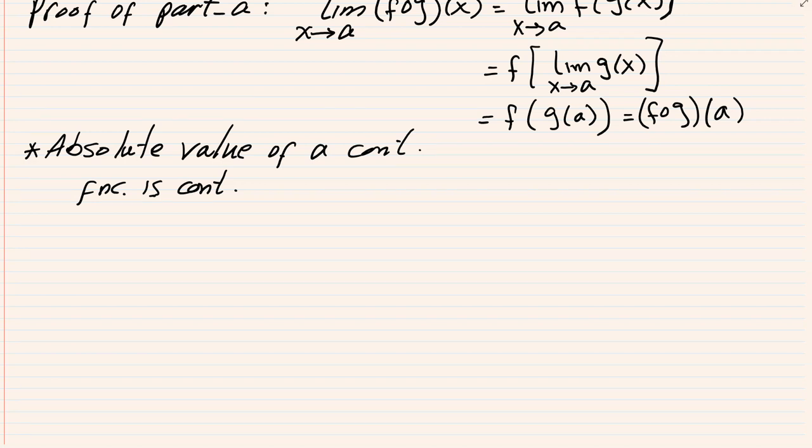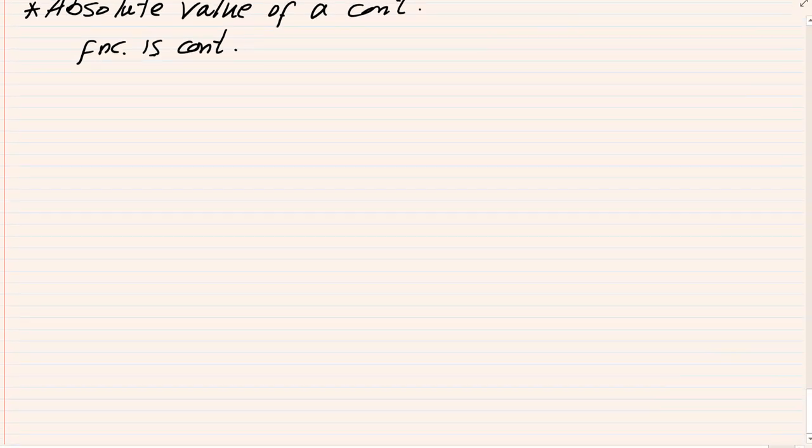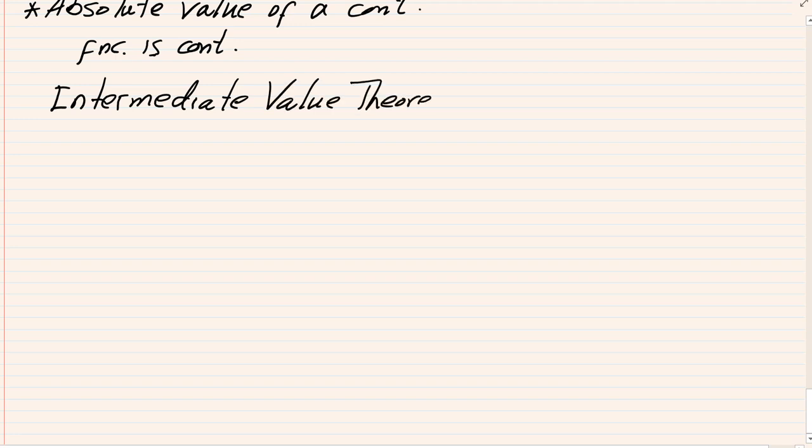Okay, hopefully you're following all of this stuff here. They're not difficult or cumbersome, it's just the passing phase. We have to go through this. We're going to look at the intermediate value theorem, or IVT for short.